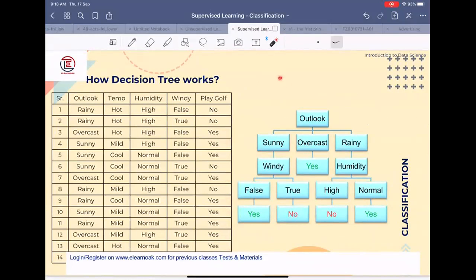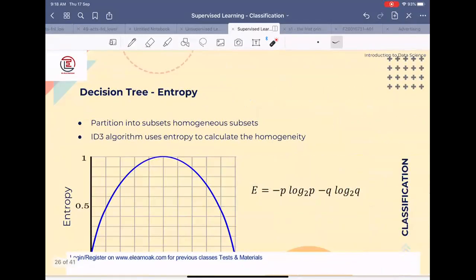If I have 5 values, of which 3 are yes and 2 are no, the homogeneity of the system is less. So entropy basically is a term that helps us understand if we have a pure subset or not.